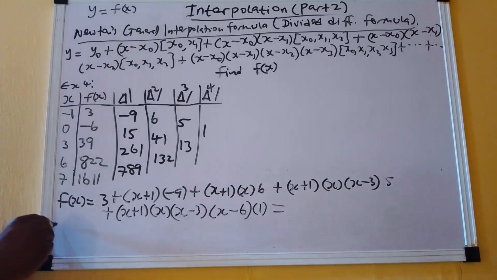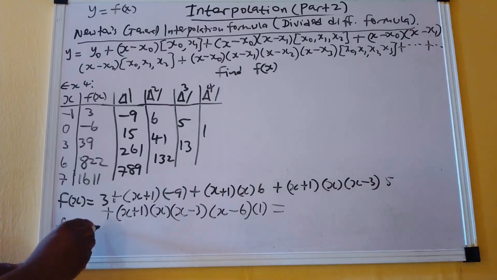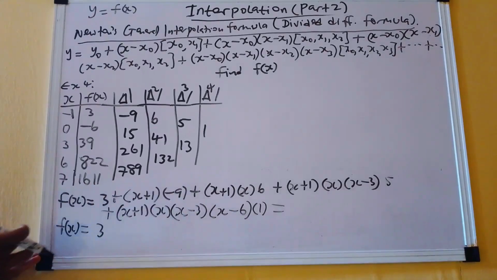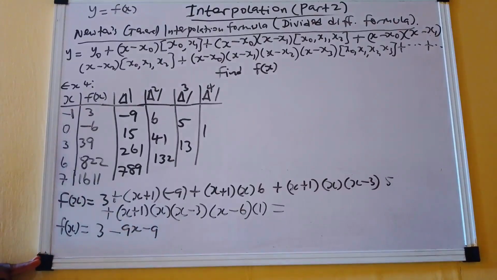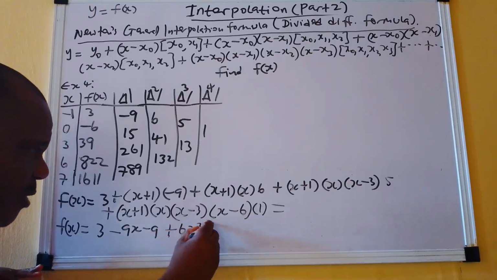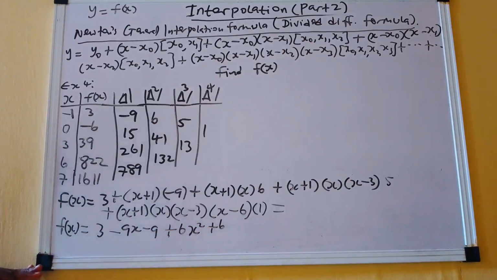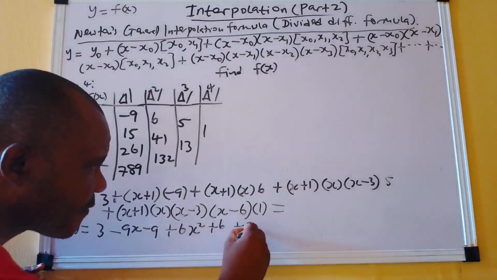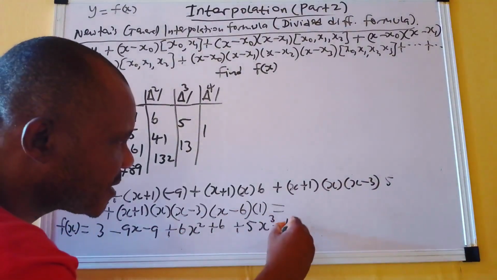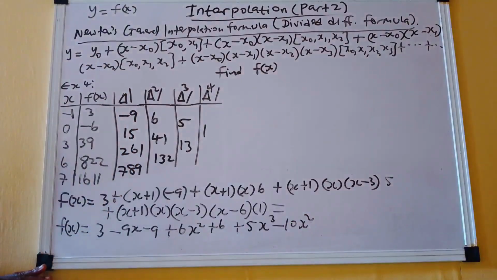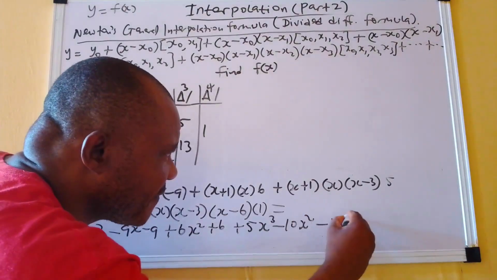If we open this, our f of x will be equal to 3. If you open this, you are going to have minus 9x minus 9. Then if you open this, you are going to have 6x squared plus 6x squared plus 6x. And if you open the next one, you are going to have plus 5x raised to the power 3 minus 10x squared minus 10x squared minus 15x.